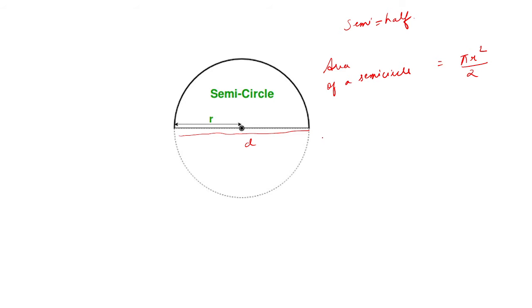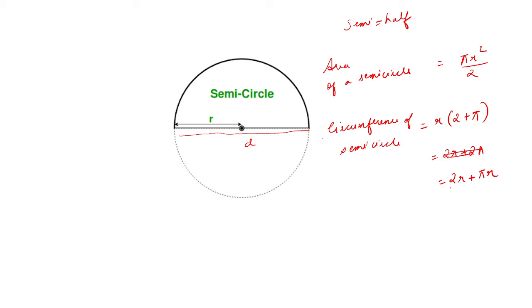The next thing is you'll have to know the circumference, okay? The circumference of semicircle is going to be radius into 2 plus pi. In some textbooks they may give it as 2r plus pi r, clear?